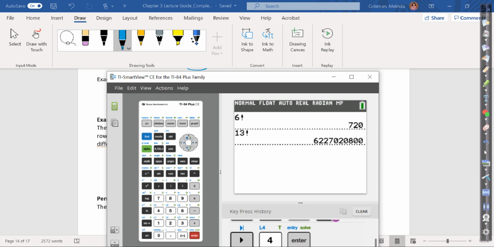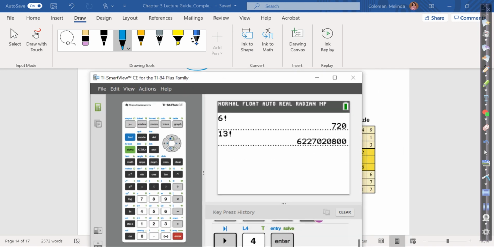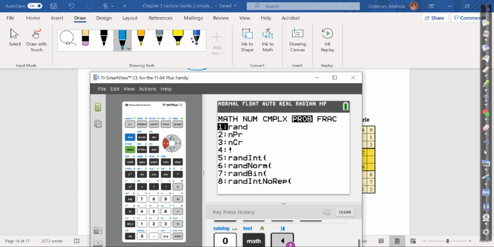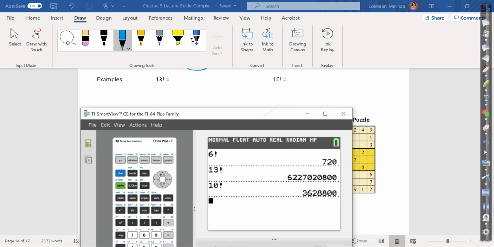And the other one was, I think, 10 factorial. So 10, math, over to probability, number 4, hit enter, and there's your 10 factorial. Just between 10 factorial and 13 factorial, the numbers jump very, very quickly.